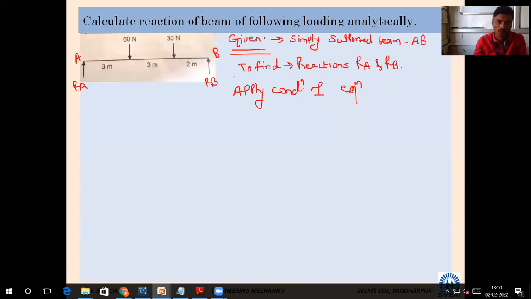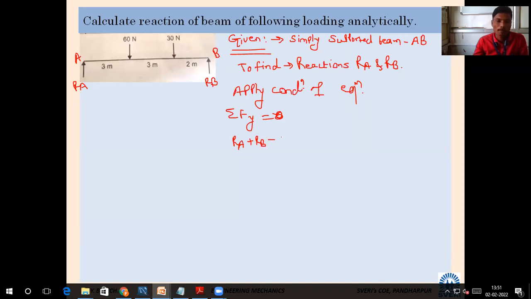So which equation do we apply? Summation Fy equal to 0. Consider the reactions RA and RB as forces. RA is going upward, so it is positive. RB is again positive.